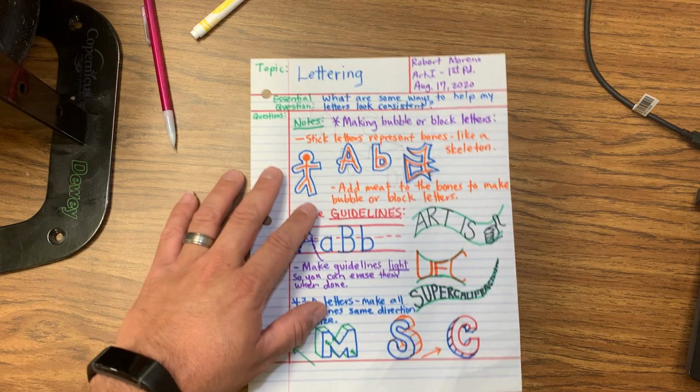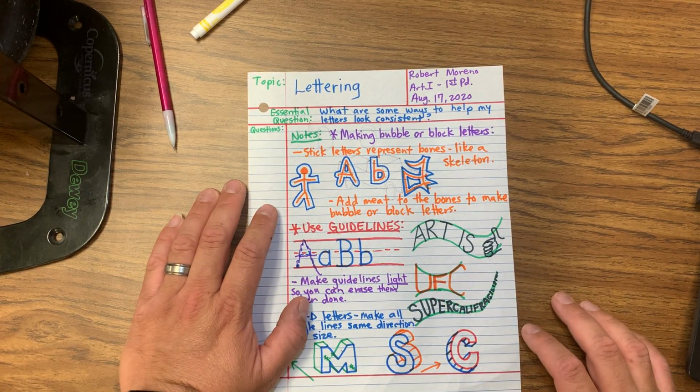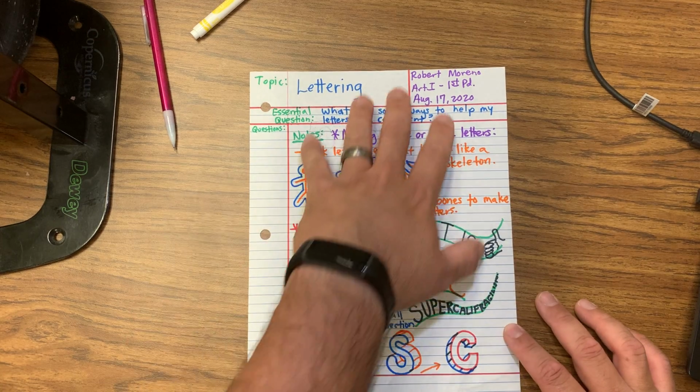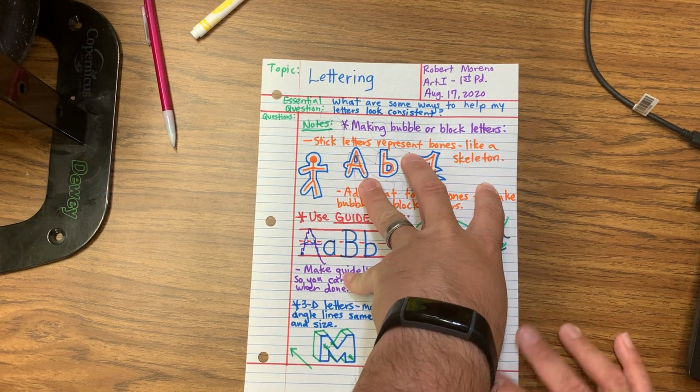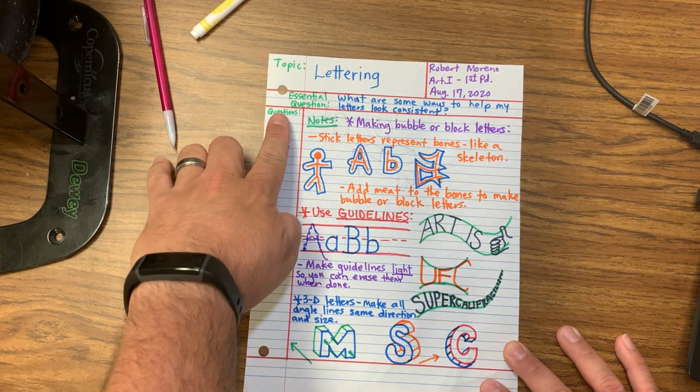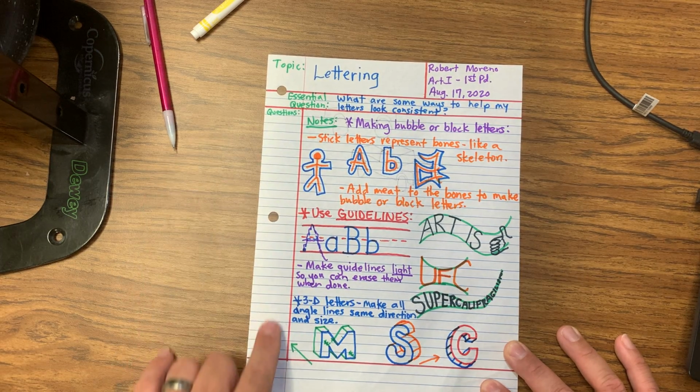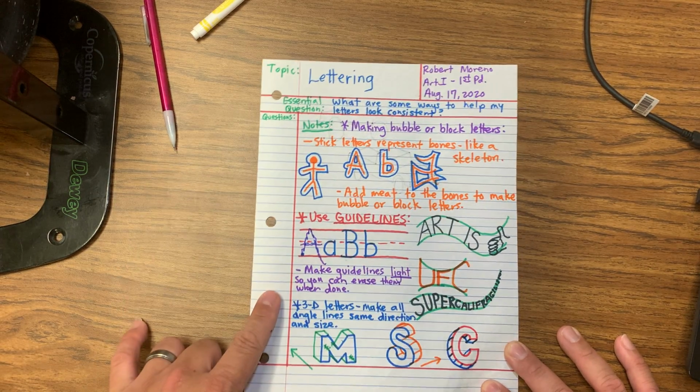All right, so we took this set of lettering notes, did the heading, essential question, and wrote the notes section. For most of us, we didn't have any questions as we wrote the notes, so it's blank.